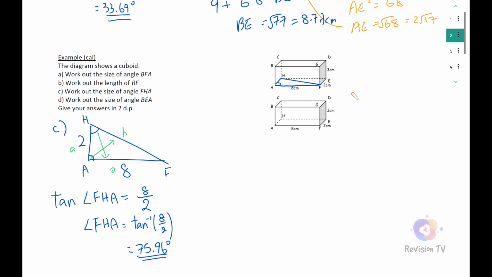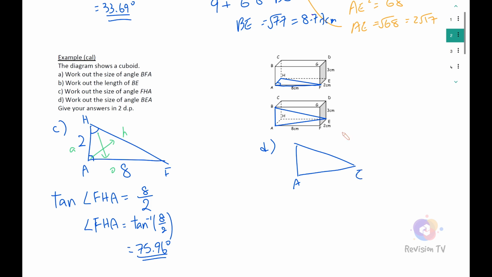And last question, work out the size of the angle BEA. So BEA, again, join up B to E, and then E to A, and A back to B. So what you realize is we're using the same triangle as question B. So B, E, and A like this.